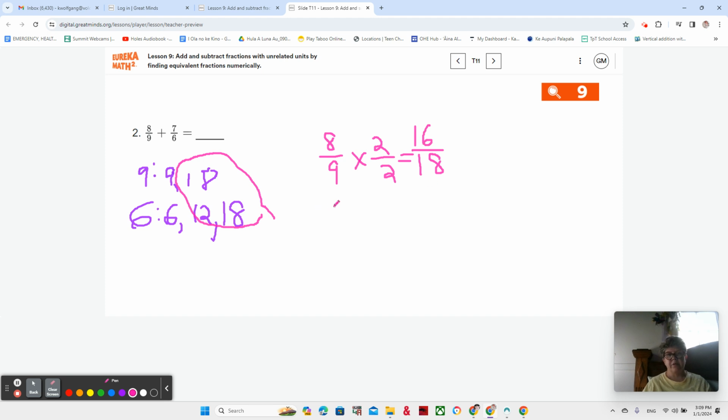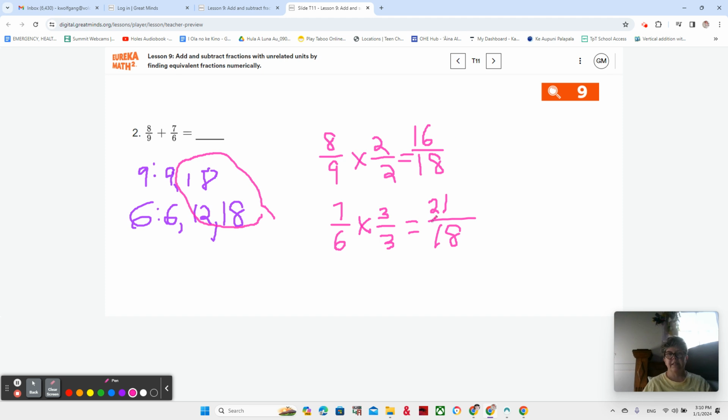So then we're going to do the same thing to our sixths. 7/6 times something is going to equal 18, right? 6 times what is 18? You can see here it's your third multiple. So it's 6 times 3. And then 7 times 3 is 21.